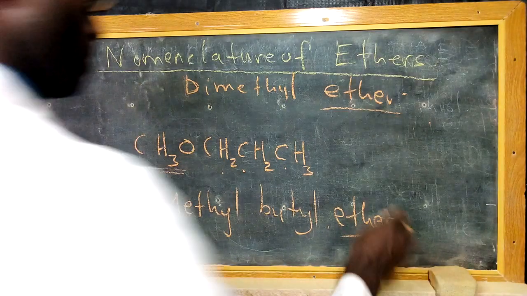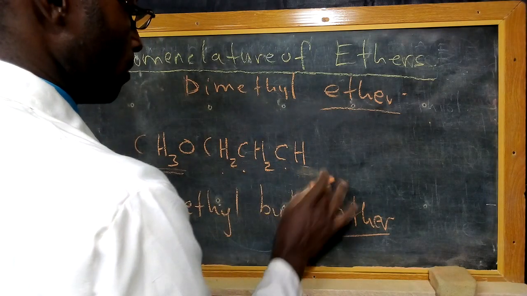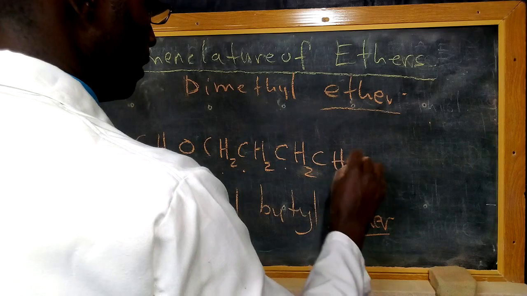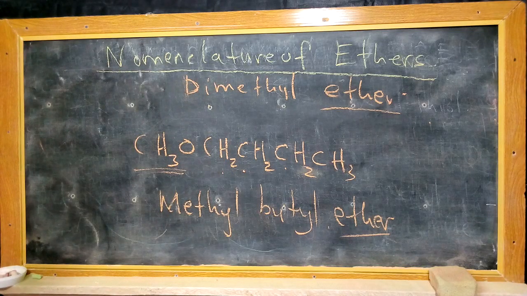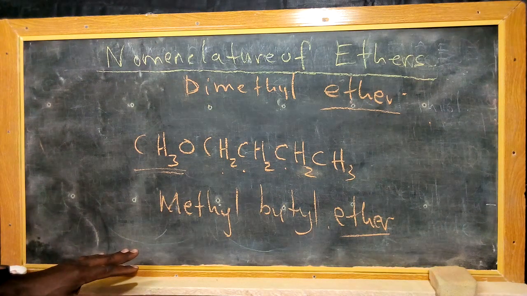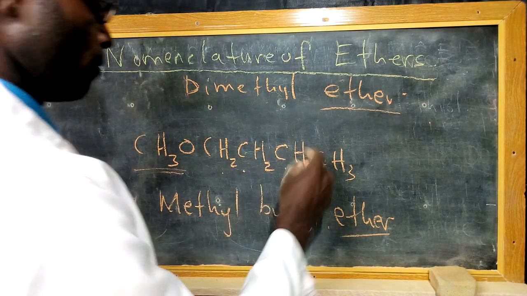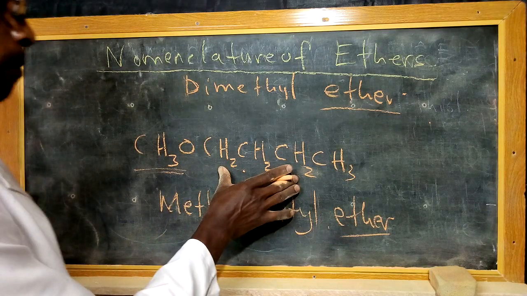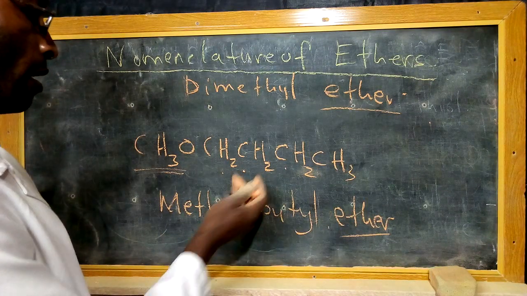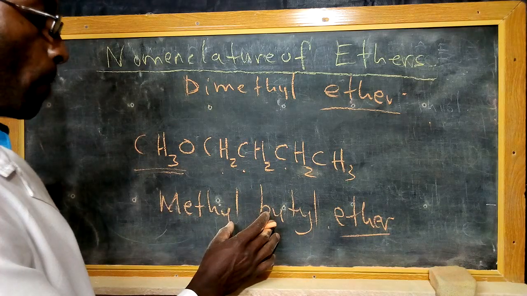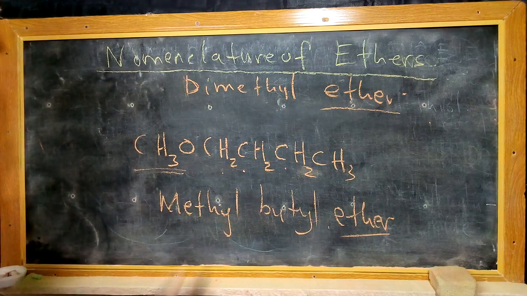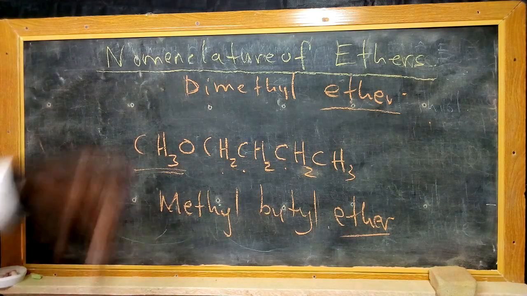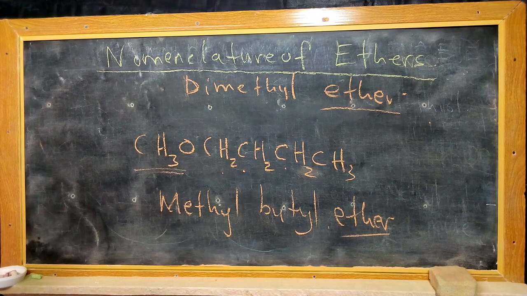Suppose it was a 4-member carbon group, then it will be methyl butyl ether. Oh, this one was supposed to be propyl for 3 members, so a 3-member is methyl propyl ether, and so on. These are the common names usually used for ether groups.